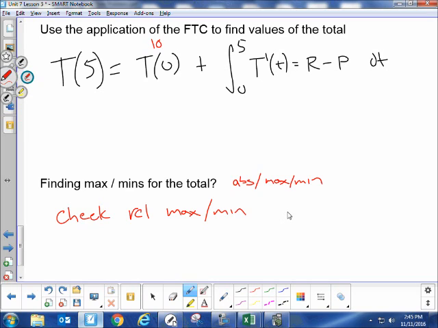So relative maxes and mins are going to be when T prime changes sign. In this situation, T prime would be R minus P when that changes sign or when that equals 0, or the endpoints.